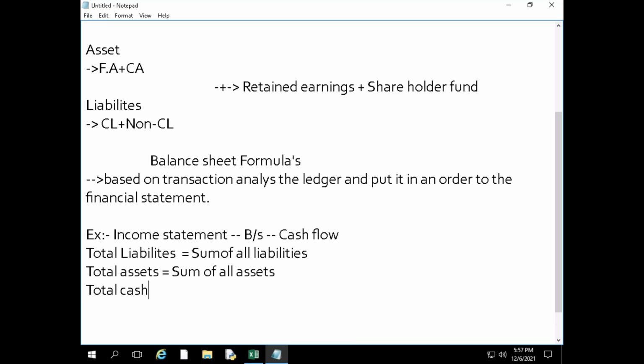Total cash, sum of all cash values. So these are all the formulas of the balance sheet. So we do the sum of the cash value, assets and liabilities. We need to balance both the liabilities and asset side. That is very important here.